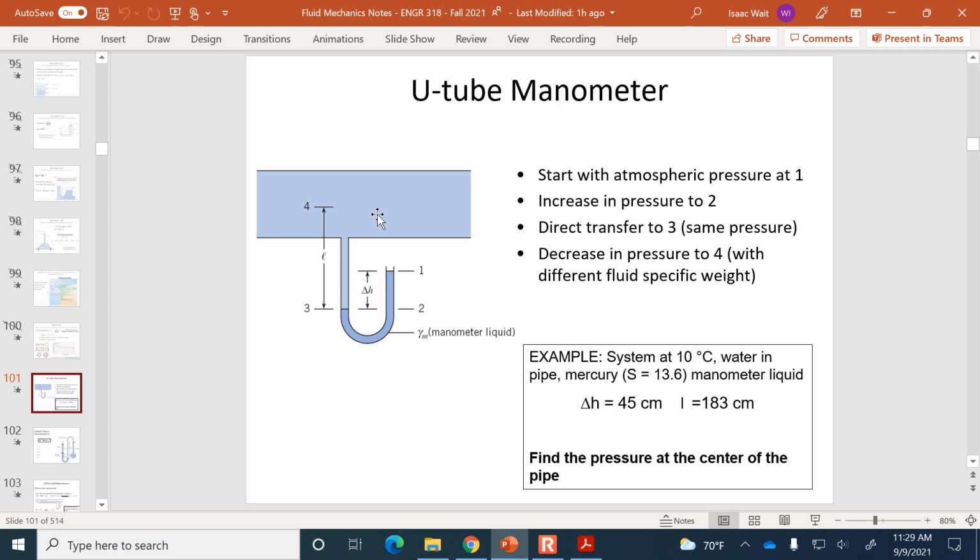So it's probably okay for us to say that between 3 and the center of the pipe, it's probably okay to use the hydrostatic equation, but it's not perfect in the same way that it is perfect to apply it in this part of the tube where conditions truly are static.